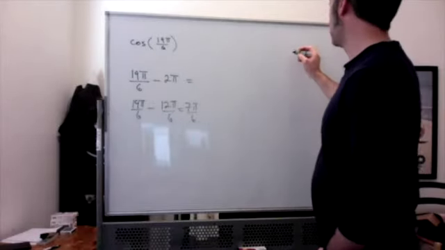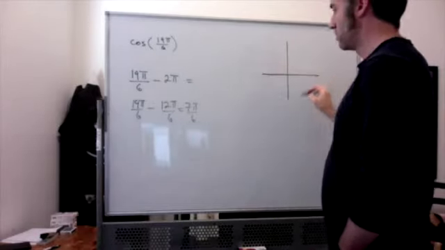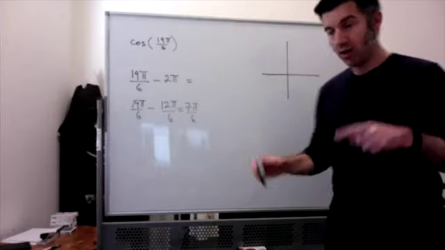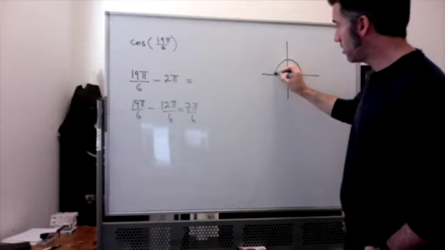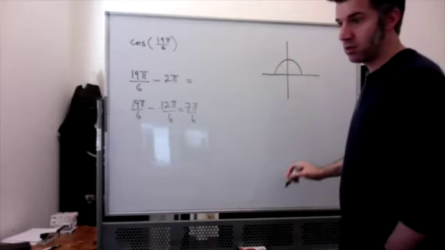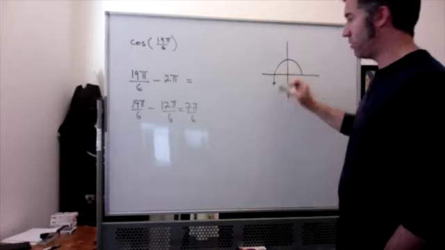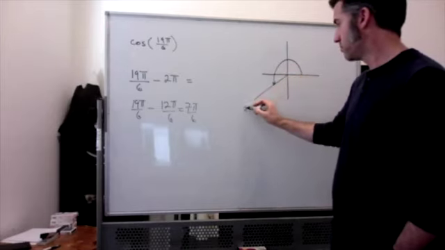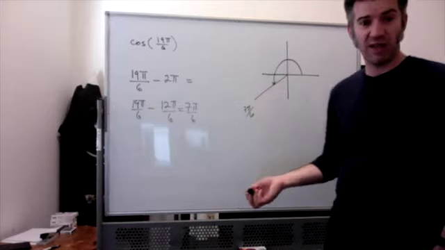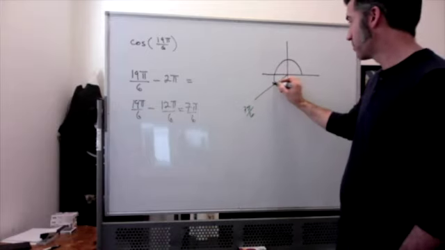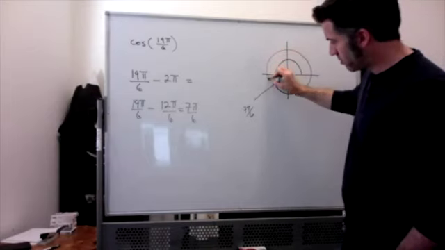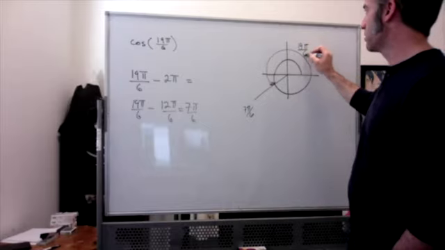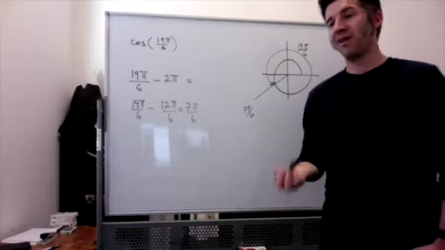And now with 7 pi over 6, I can figure out where we're going to be. 7 pi over 6 is more than half a revolution, right? So it's more than 1 pi. 1 pi gets me right there. 7 pi over 6, a tiny bit further. Here's the thing, 7 pi over 6 and 19 pi over 6 are not the same angle.